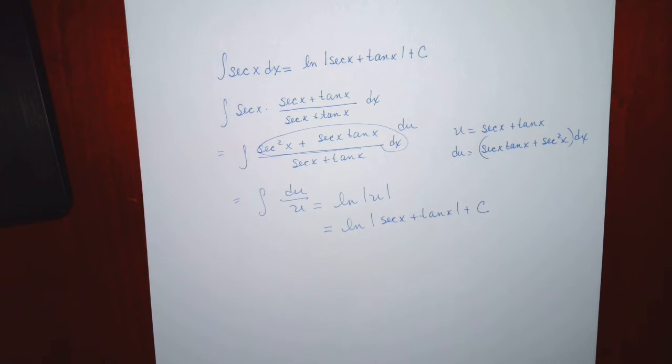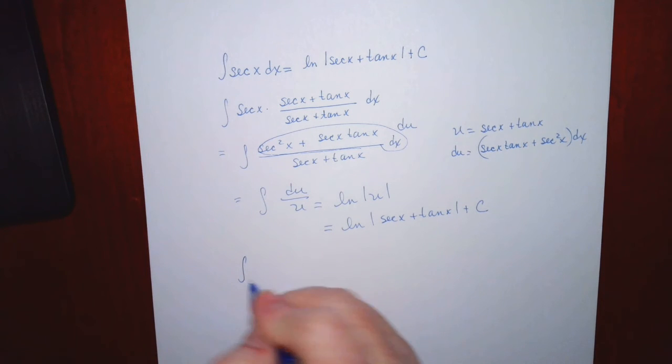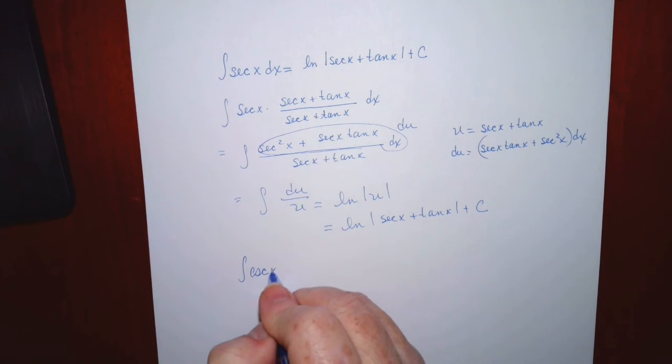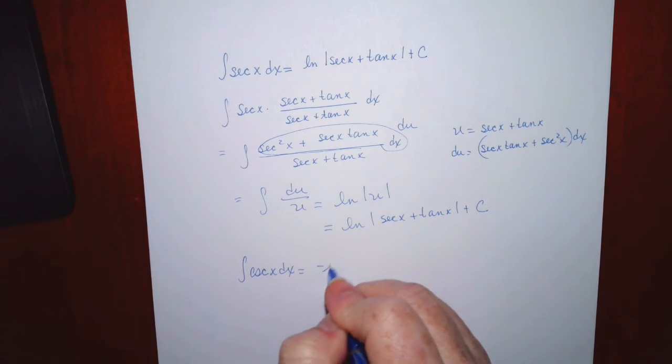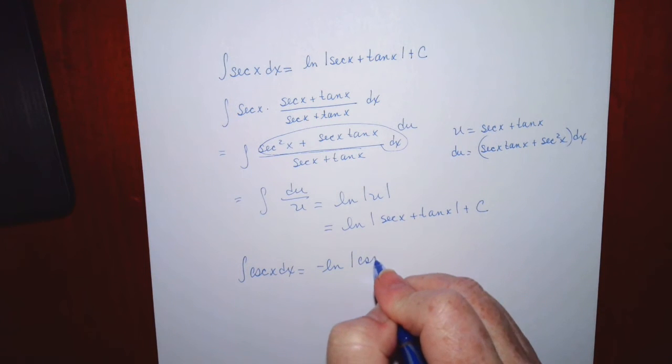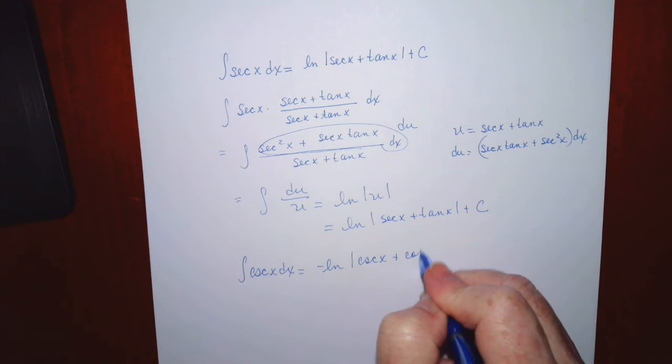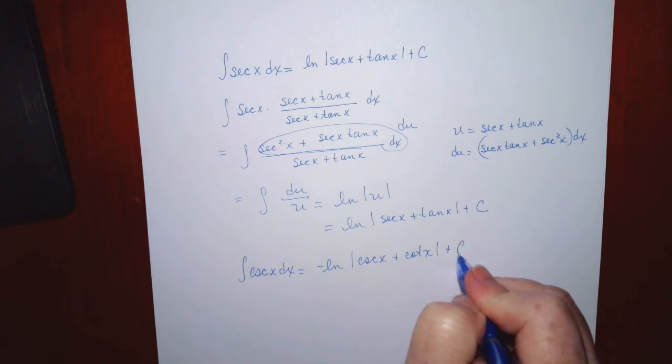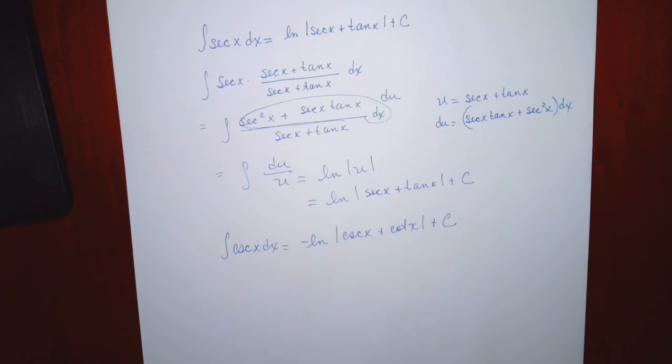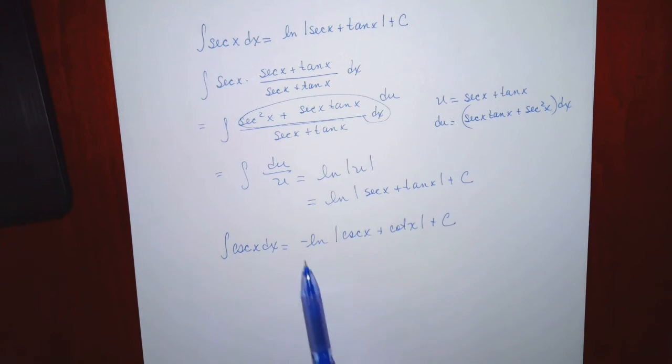And the integral of cosecant x was derived in a very similar fashion. The integral of cosecant x ends up being negative the natural log of cosecant x plus cotangent x plus c. And sometimes in some books you'll see the negative taken into the inside and simplified in there, and get a natural log of cosecant minus cotangent inside the absolute value signs.